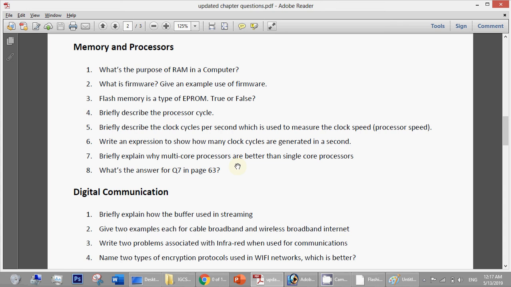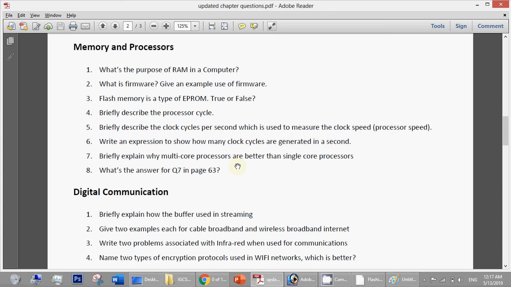At a glance, you see answer C and D are out. It should be either A or B. And if you look closely, A says the number of times per second that the processor can carry out instructions. B says number of instructions that a processor can carry out each second.